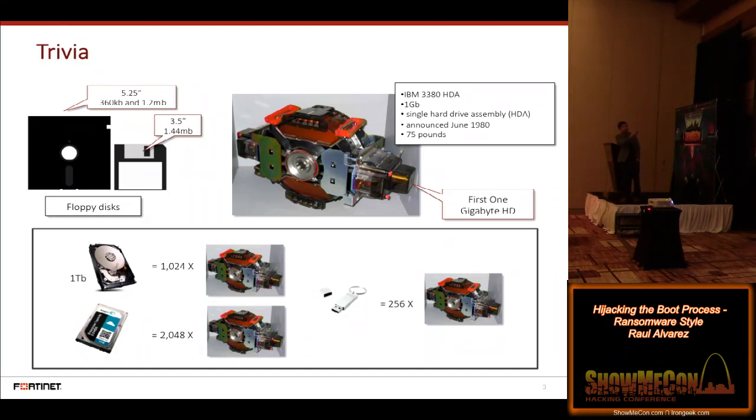Imagine if you had a 2 gig hard drive back then and you put it on your keychain, you would have 150 pounds dangling there. But now you can actually carry 256 gigabytes of storage on your keychain.